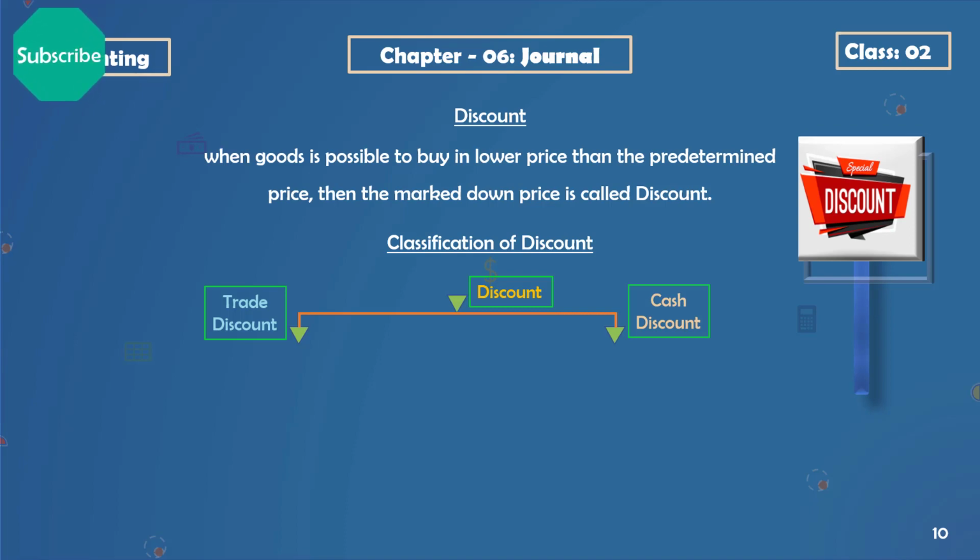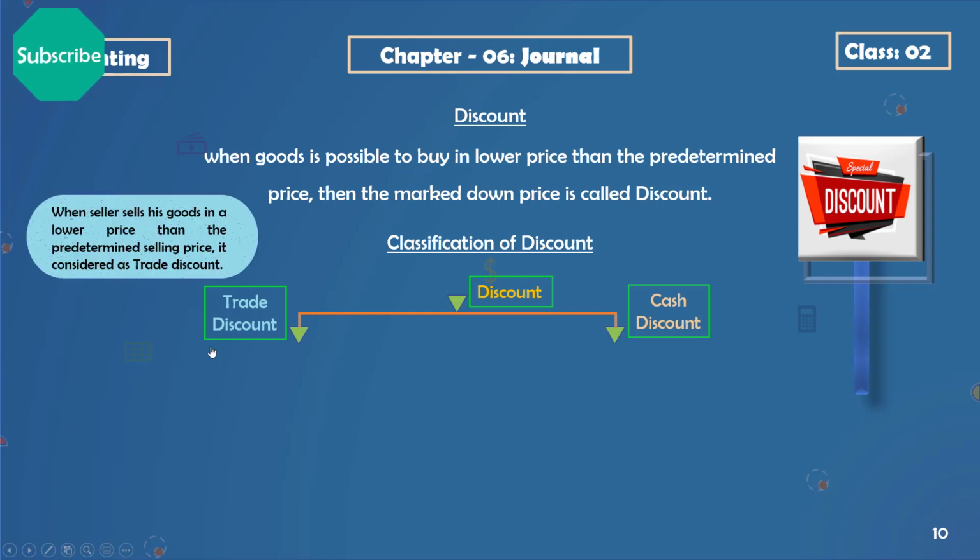So what is trade discount? Let's know. When a seller sells his goods at a lower price than the predetermined selling price, it is considered trade discount. From your example, you bought a t-shirt from SSC, and the seller sold his t-shirt to you at a lower price by taka 50.